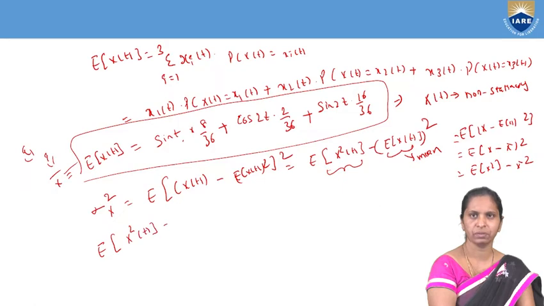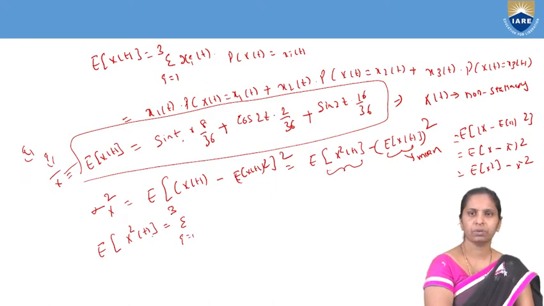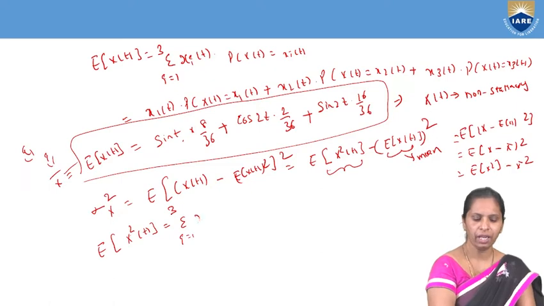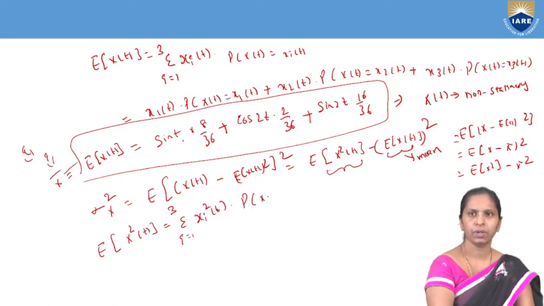E of x square of t is equal to what? Sigma i equals 1 to 3. If I have x of t as xi of t, in place of x of t here, x square of t, then what I get here? xi square of t into P of x of t at x of t equals xi of t.